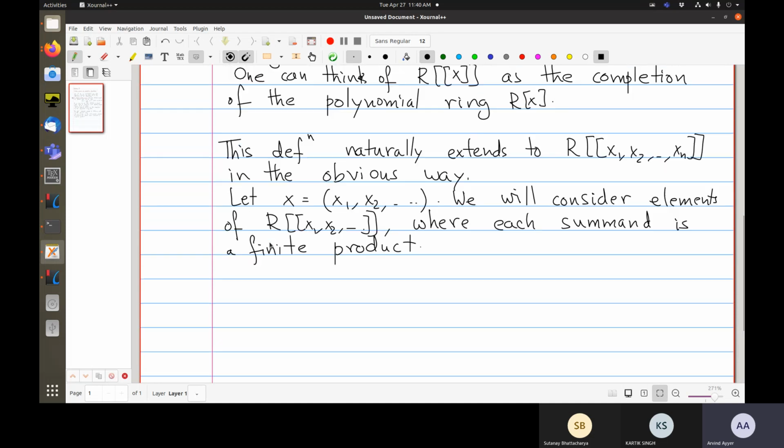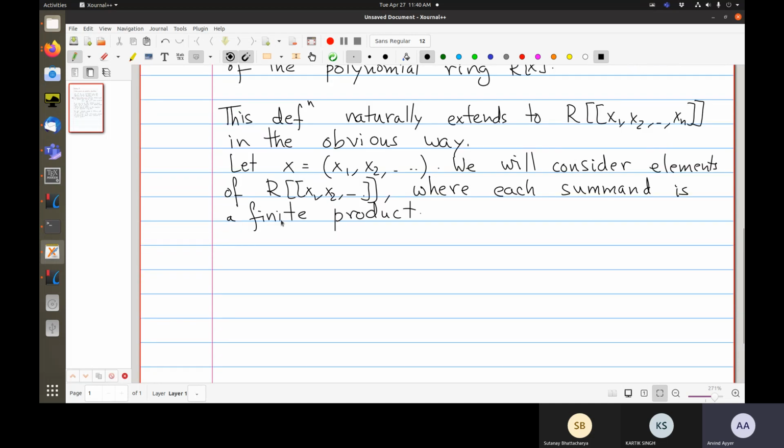All right. So to state what symmetric functions are, I need the notion of a weak composition. So we'll define it formally. Let n be a positive integer.